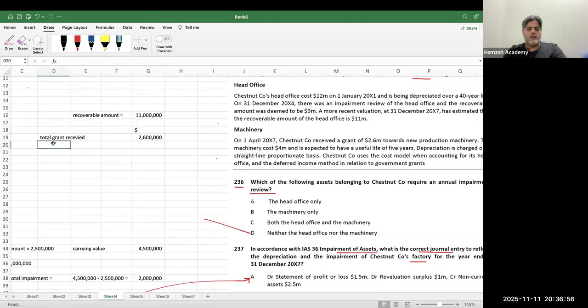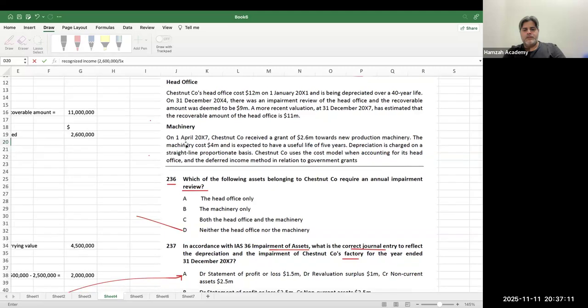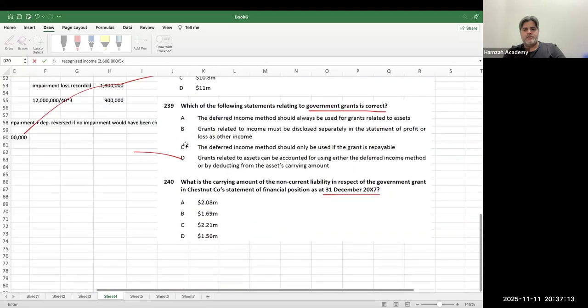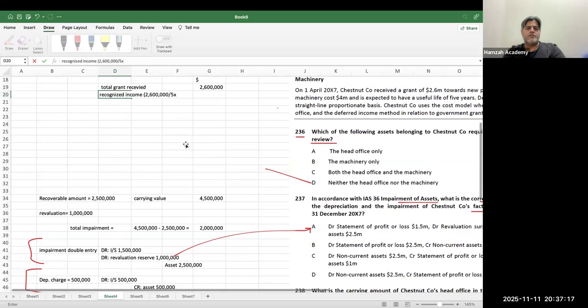Now we are going to have the recognized income. The recognized income is going to be 2,600 by 5 into, since we got it on 1st April and the year end is December, January, February, March, so 3 months is not there. So it's going to be 9 by 12.